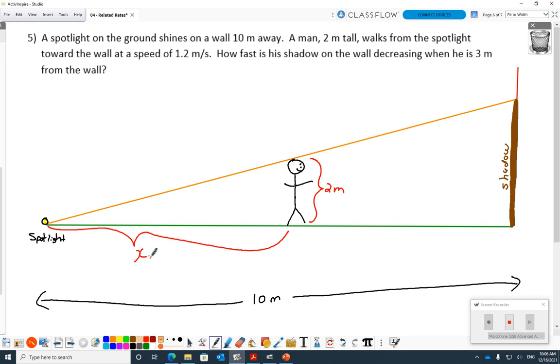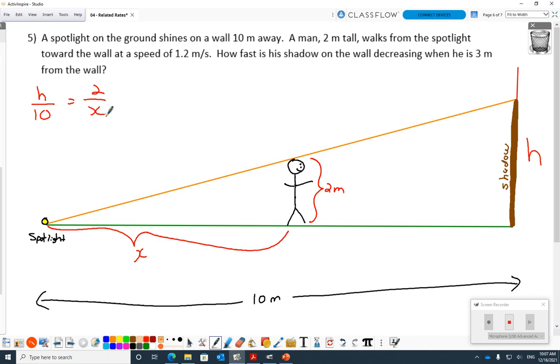What I get from that is, I need an H for the height of the shadow. Here's my very simple, incredibly complicated relationship between these two triangles. The height of the shadow divided by the distance from the light, h over 10, is the same as the height of the man divided by how far he is from the light source.